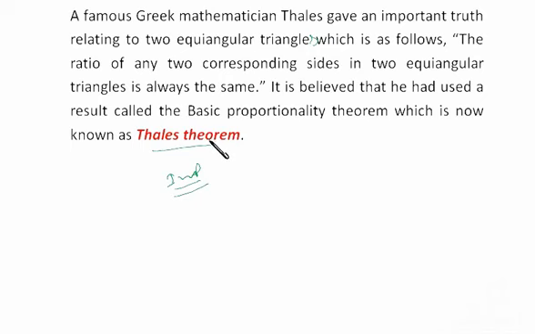So we'll discuss this theorem in detail, right? And you can be asked about the derivation or proof of this theorem also, right? So it's going to be important. So just observe each and every step carefully and learn it by writing it 2-3 times, right? So let's take this.